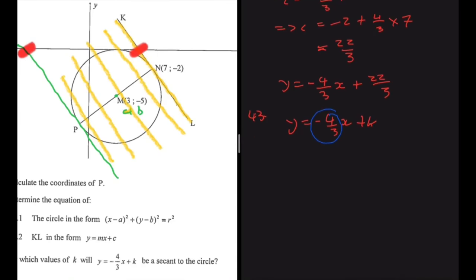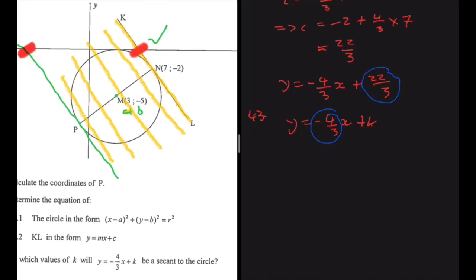So we need basically the upper limit and the lower limit, but we already have one of them, because we know that value is from the line KL, and that value is 22 divided by 3. So we already know what k should not be greater than. Now we only need what k shouldn't be less than, right?